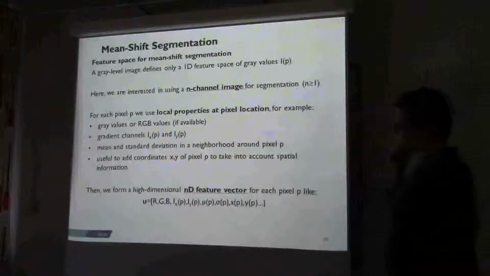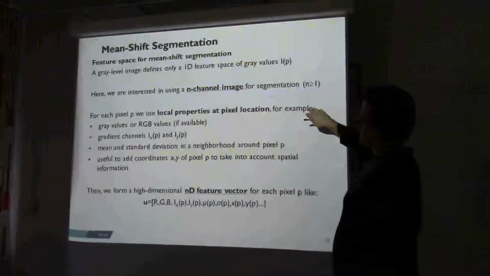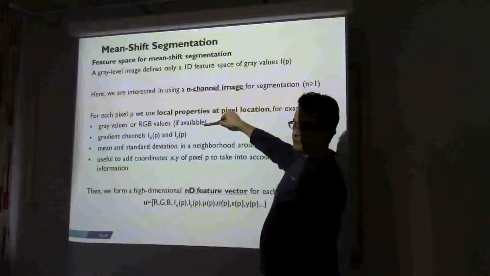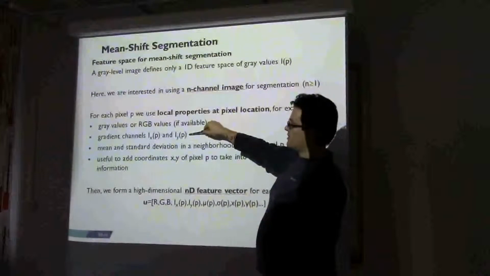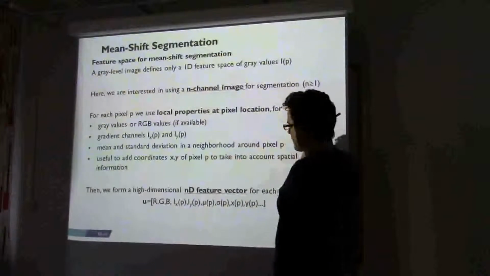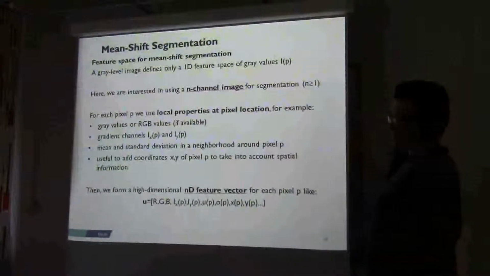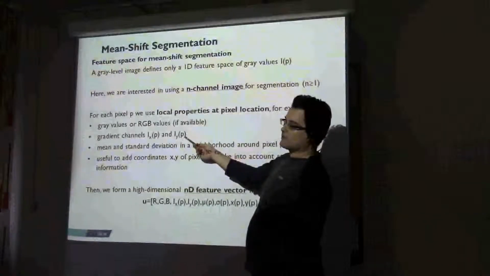And for each pixel we can define different properties, not only the gray value or the color information you will have available, but you can also use gradient channels, boundary information in that case. And it depends on the boundary detector that you are using.